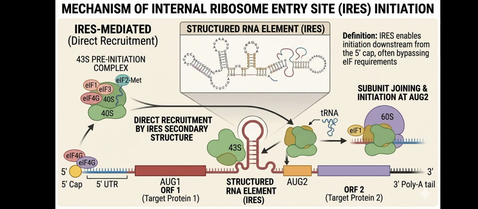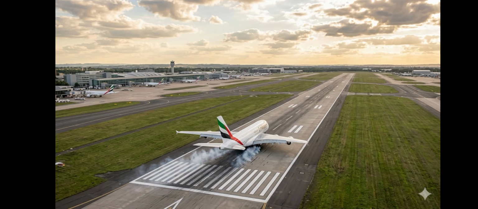If the IRES is introduced with the help of the vector, this RNA automatically recruits the small and large subunits and starts the translation. So this is the whole concept of this question, isn't it?